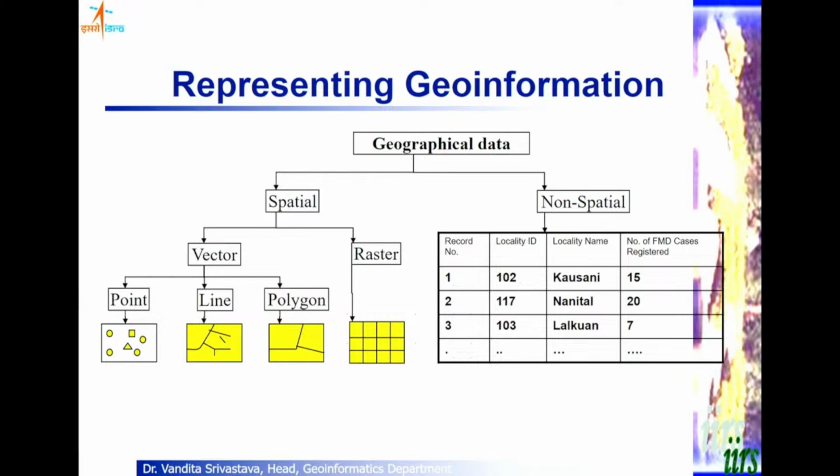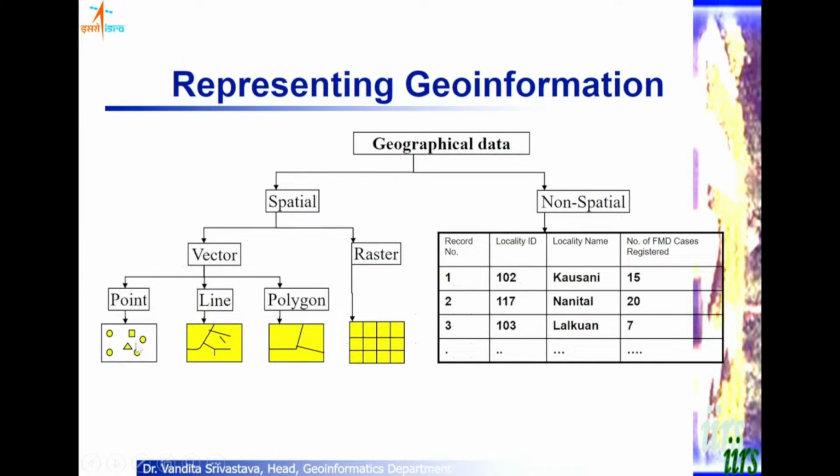But if we are talking about high resolution imaging, which provides very large scale maps, then we see much more detailed information about a smaller area, and at that time we will represent the city as a polygon. In fact, inside the city, the features also we can represent as polygons. So it depends upon the scale at which we are representing. Accordingly, we will choose whether it will be a point feature, a line feature or an area feature.